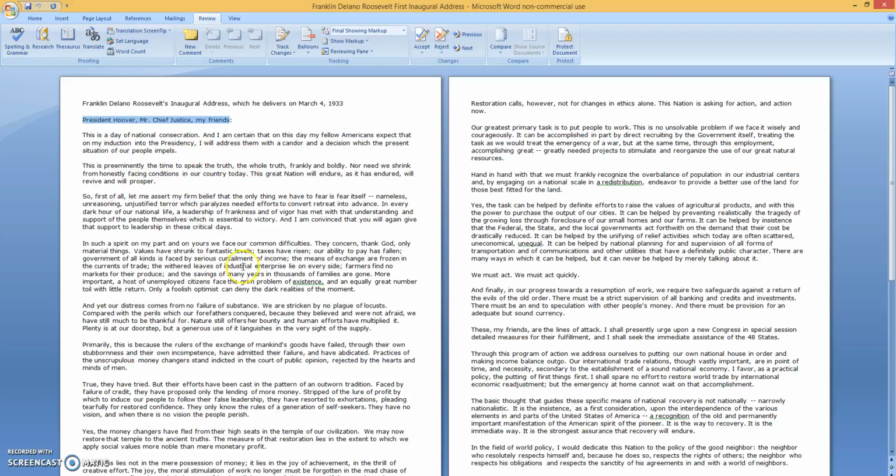And then right here, this is a day of national consecration, and I'm certain that on this day my fellow Americans expect that on my induction into the presidency, I will address them with candor and a decision which the present situation of our people impels. So he's immediately trying to gain our trust.